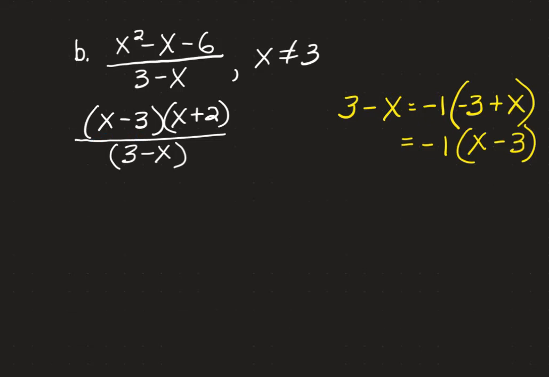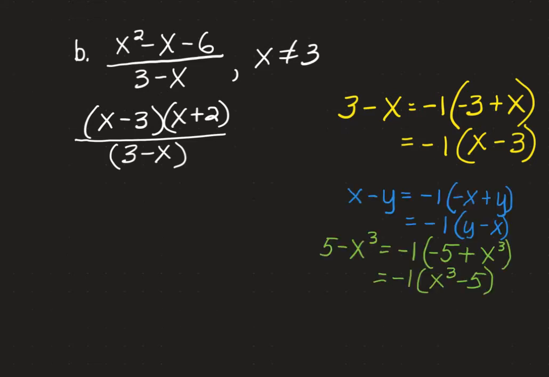Factoring out a negative from an expression is a very handy tool, and here are some other examples of how it works. In fact, once you notice the pattern, you don't actually need to use this step for either of these.